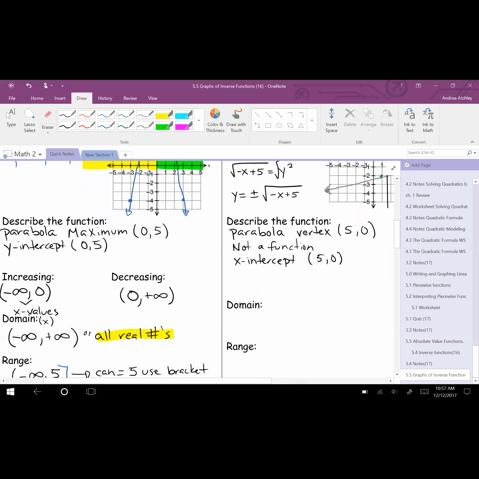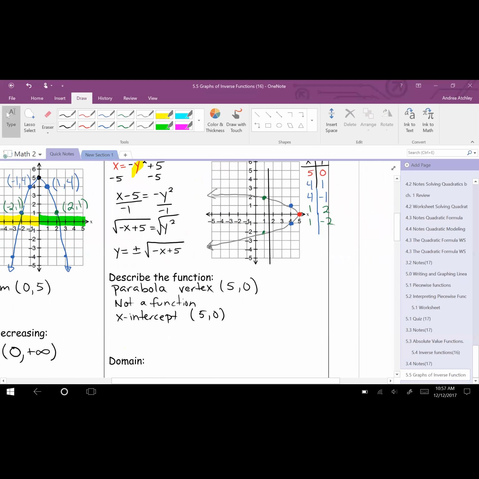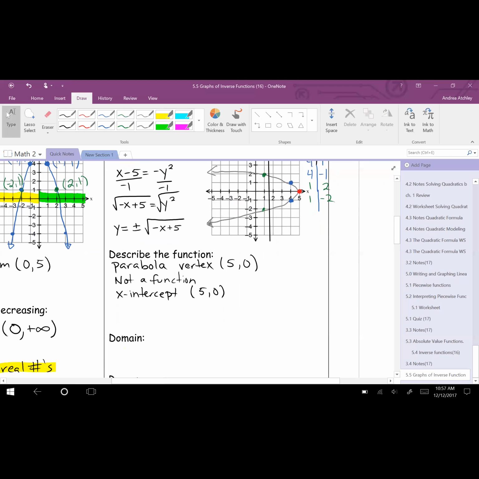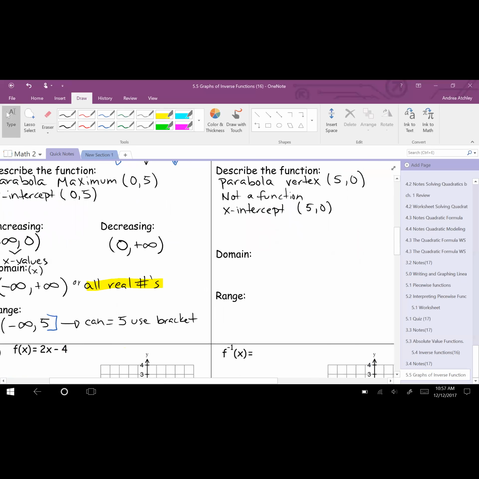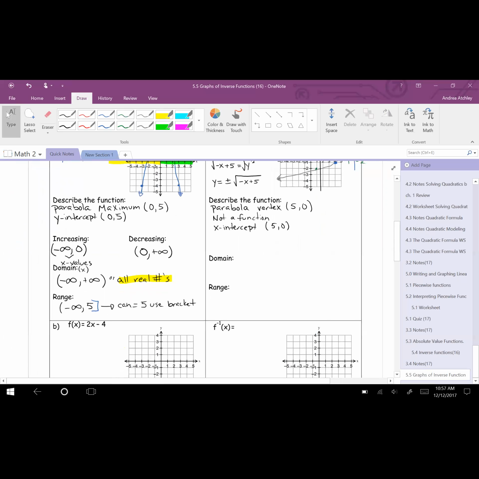Okay, also, we can't really talk about increasing and decreasing when we have a sideways parabola. This is going to be increasing and decreasing the whole time, right? So this will go up forever, so that's an increase, and this will go down forever, so that's a decrease. So we don't talk about that because it's doing both at the same time. Any questions? Okay. So that's why we don't have the increase and decrease section there.